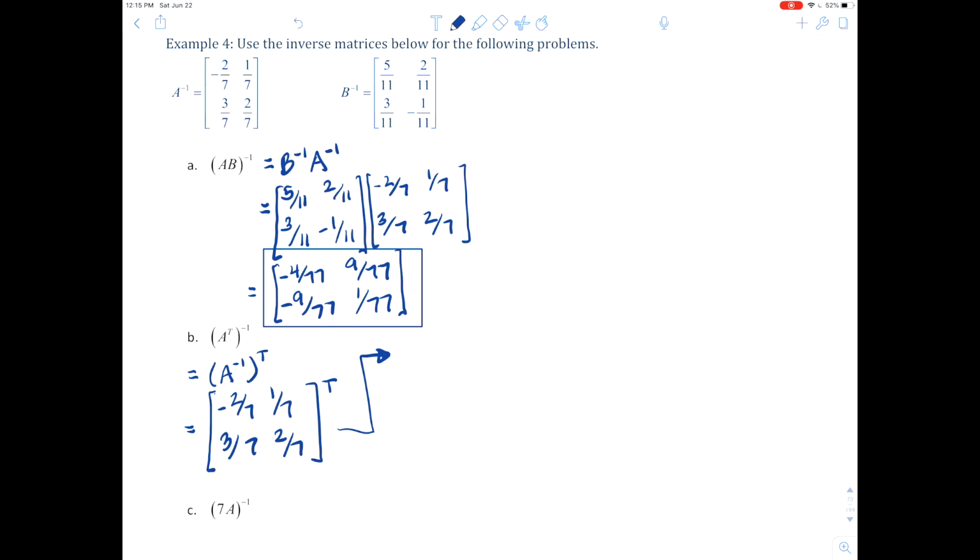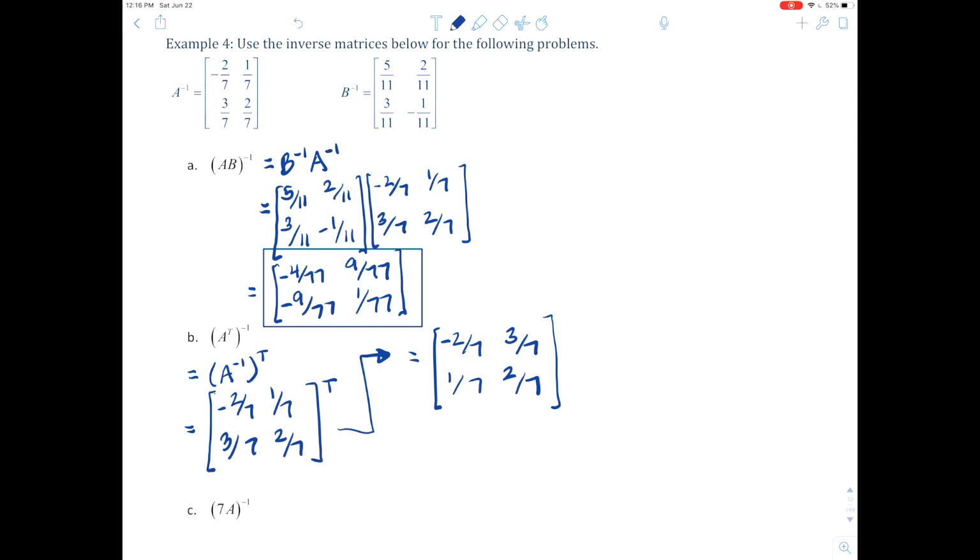So that's what we would have. And then remember, for the transpose, you write the columns as rows. And you'll get -2/7, 3/7, 1/7, 2/7.